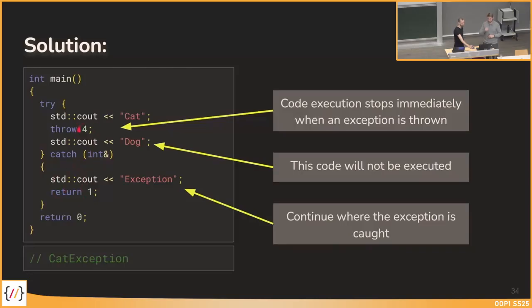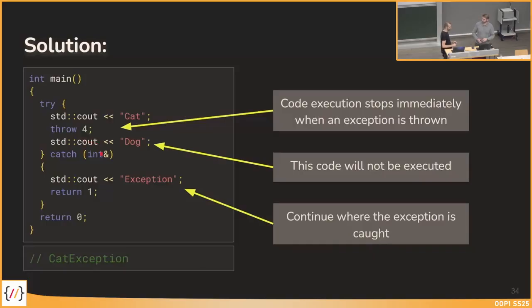If you throw a 4, but you catch, for example, a double or a pointer or whatever, this will not work. The data types of what you throw and the parameter in the catch block have to match. So if you throw an int, you have to have a parameter of type int here.